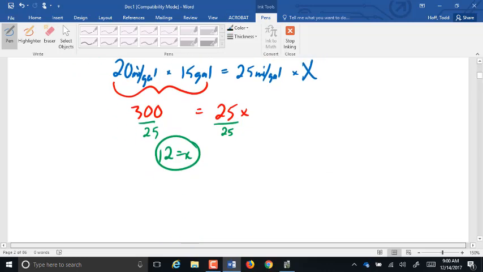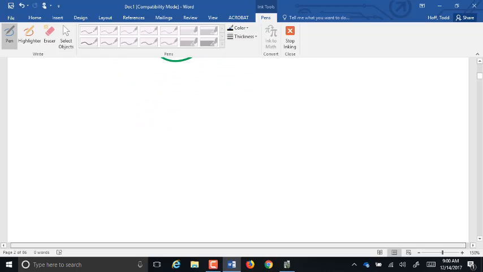Probably the biggest application of inverse variation on the mechanical side of things is your gears and your pulleys. So we've got a 6-tooth gear here meshing with a 10-tooth gear, right? 10 teeth, 6 teeth.